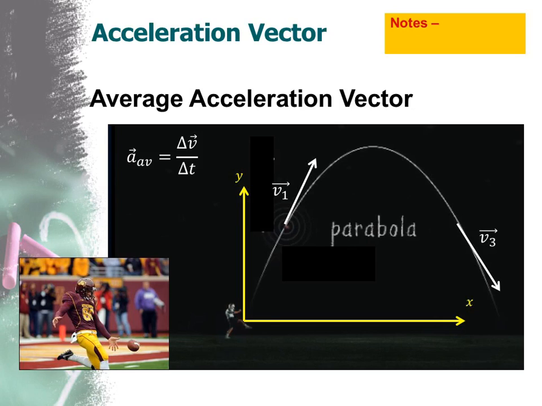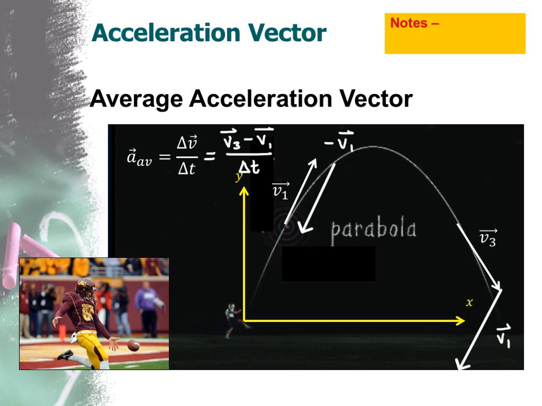So we need to figure out what the difference between V3 minus V1 is. So I need to make a copy of the opposite of V1. So now I have a velocity vector in the opposite direction. And then I'm going to move that over here, put it on the tip of V3. There it is.